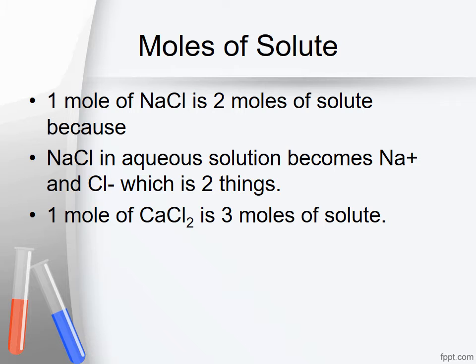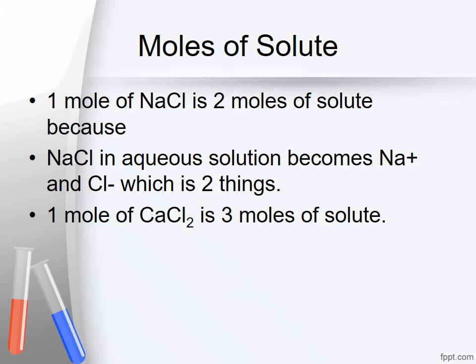So the solute will be twice as much as the compound. Now if I did calcium chloride, that's calcium and 2 chloride ions, or 3. So 1 mole of calcium chloride is 3 moles of solute, and I believe there's a homework question asking that. You just have to multiply it by the number of particles.